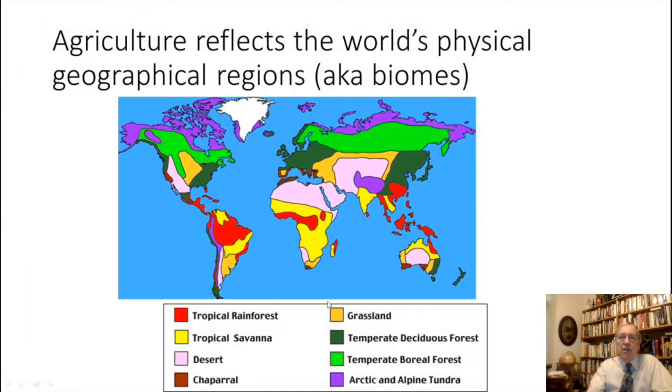In the lime green color are the temperate boreal forest. If you've ever seen a movie like Dr. Zhivago, the boreal forest is very thin, because it's so cold, thin, sparse trees.